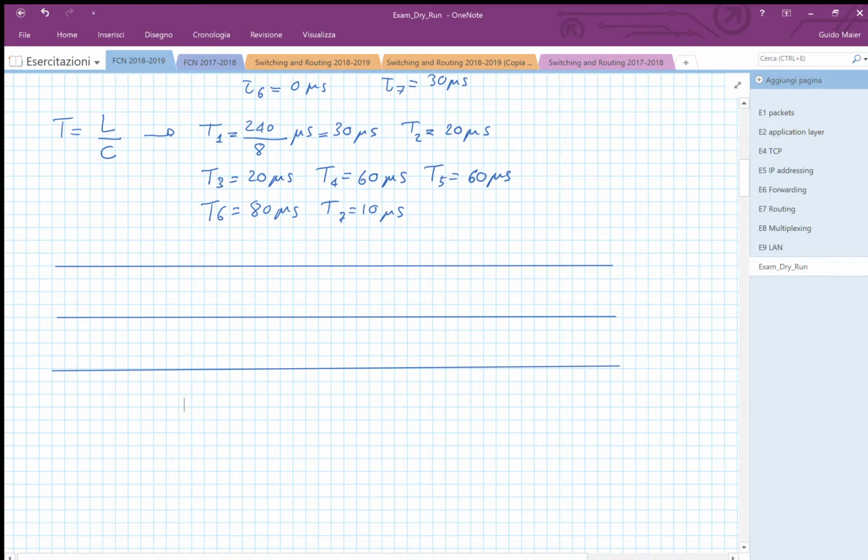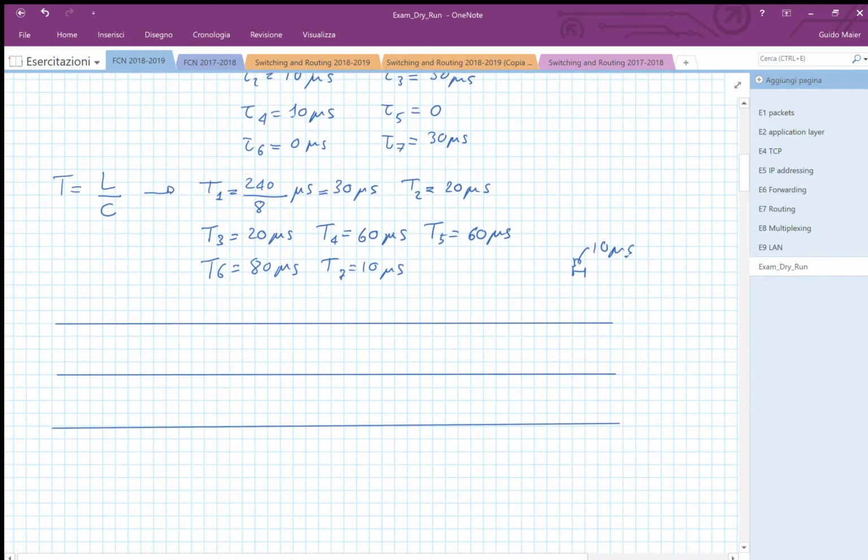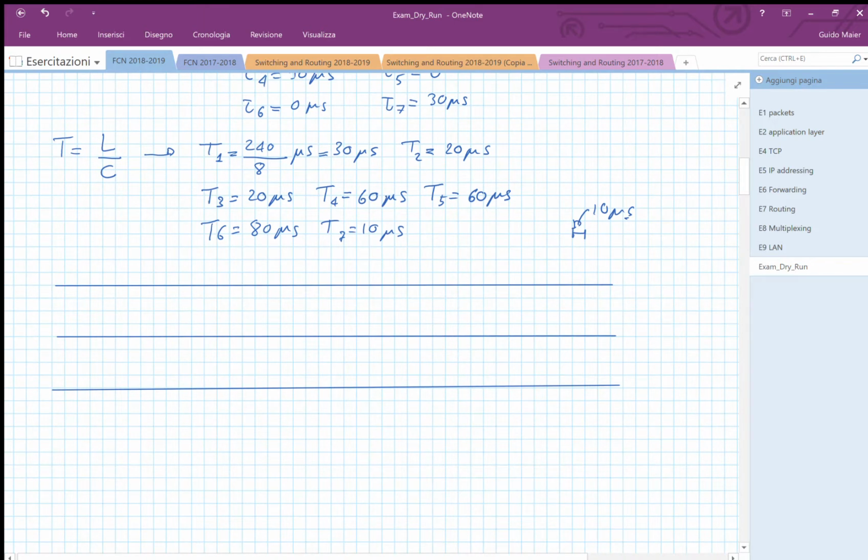Okay. So we can decide that one small square in this graph represents 10 microseconds, because you can notice that all the parameters we have calculated are multiples of 10 microseconds, so this is the most convenient. And then we can start drawing the packets.